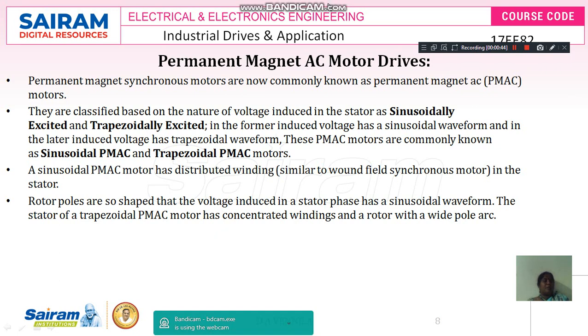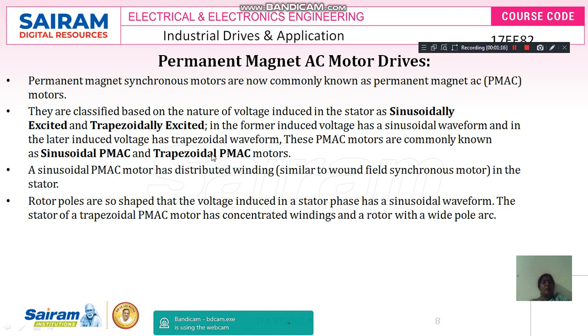Basically, this permanent magnet AC motor is classified depending upon the nature of the voltage induced in the stator. It is classified into two types: one is sinusoidally excited PMAC, and another one is trapezoidally excited PMAC.